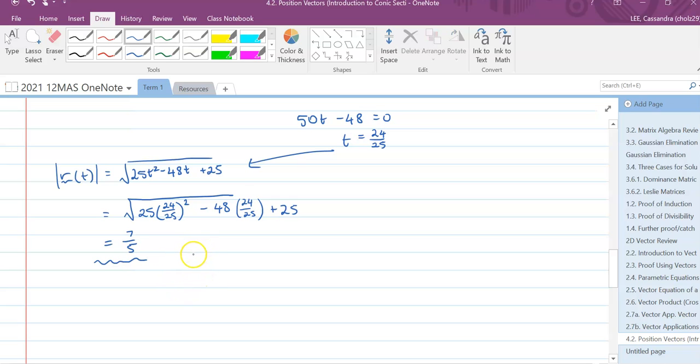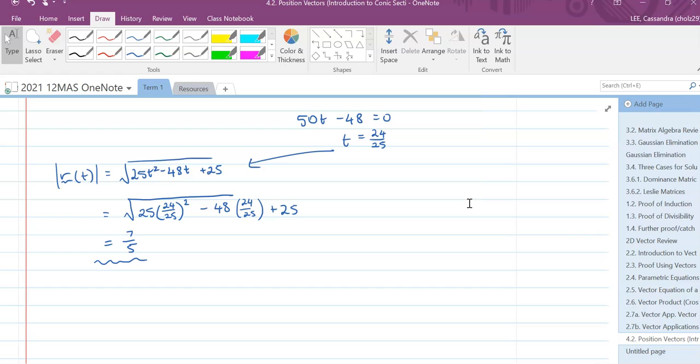We can express this as a decimal, but I'm happy to leave this as a fraction. So the closest distance in meters of the particle to the origin is going to be 7 over 5 or 1.4, and this is going to be at t equal to 24 over 25 seconds, I believe the units were.